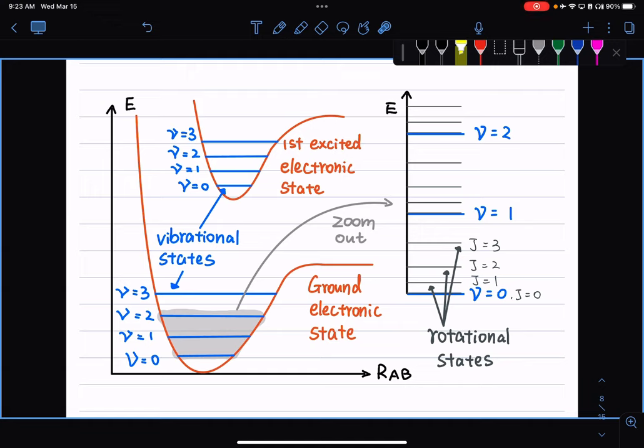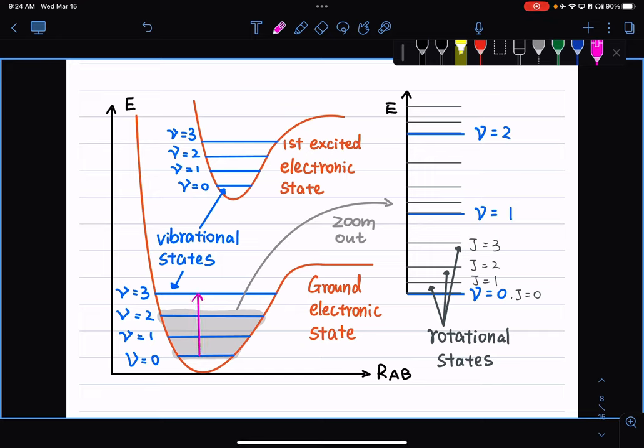It's ground state electronic, and then we want to excite it from the ground vibrational state to the second excited vibrational motion. So the arrow we're talking about is from here to here.